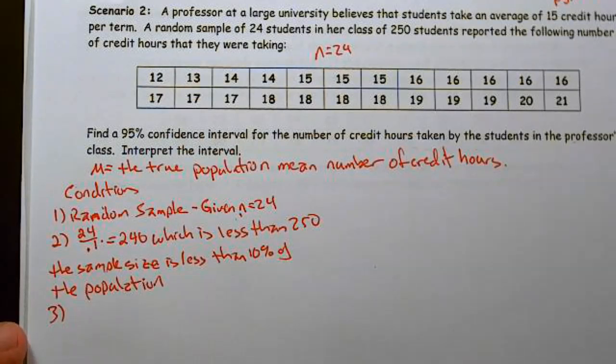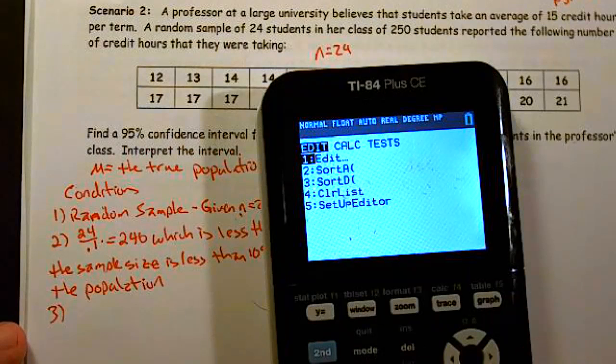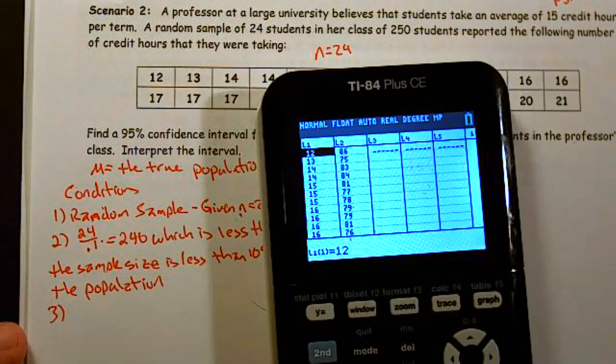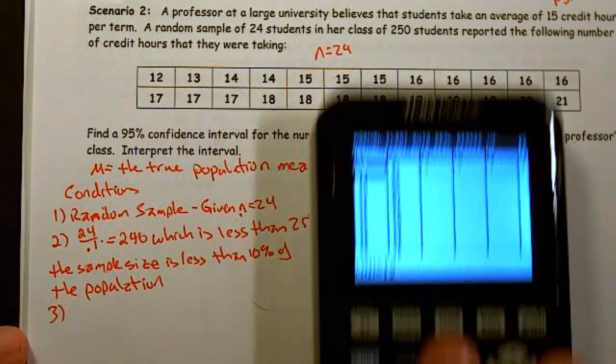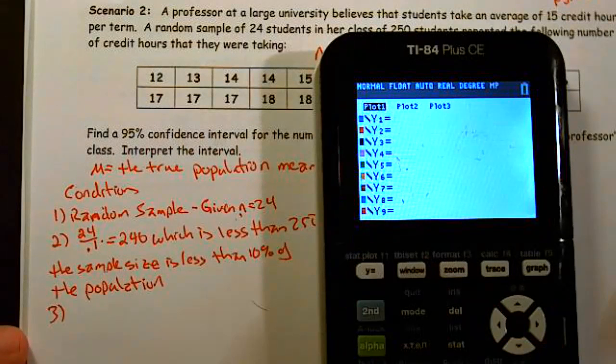The easiest graph to do is a box plot. So I've already entered this data into stat edit, and I entered all that data into column L1. Once I've entered all that data into L1, I'm going to second quit. I'm going to check your y equals, make sure there's nothing there.